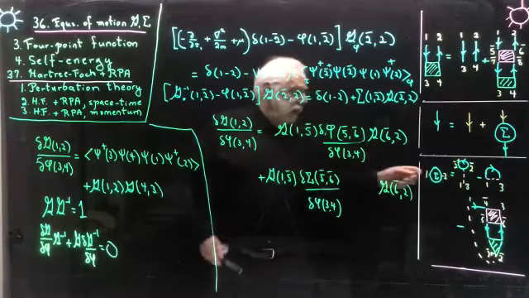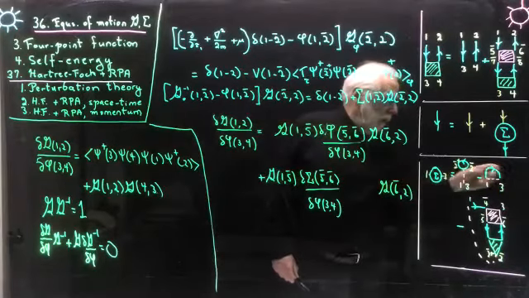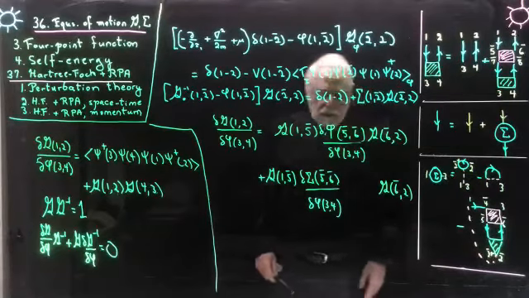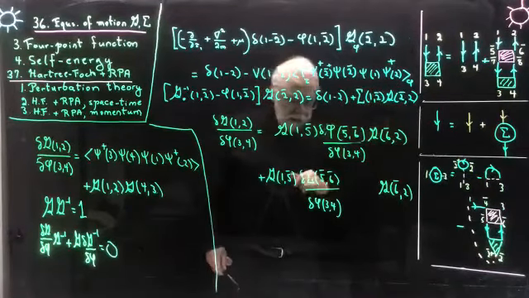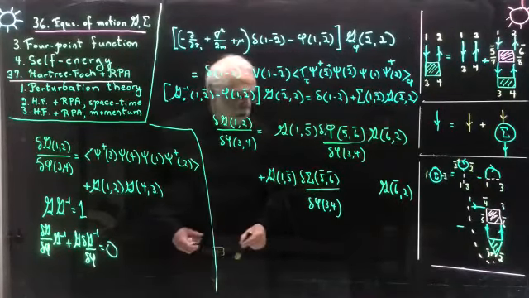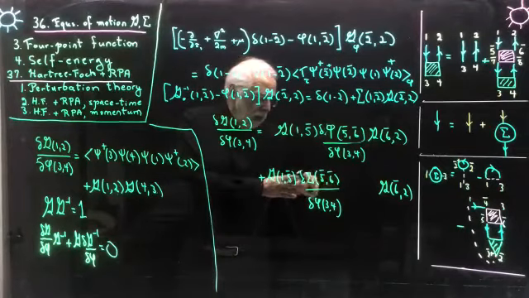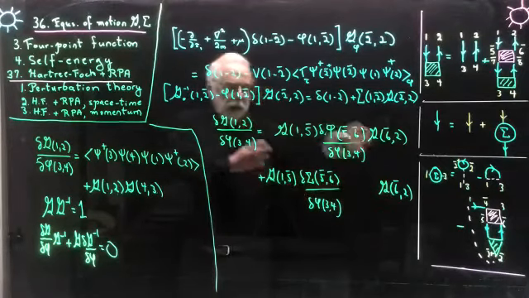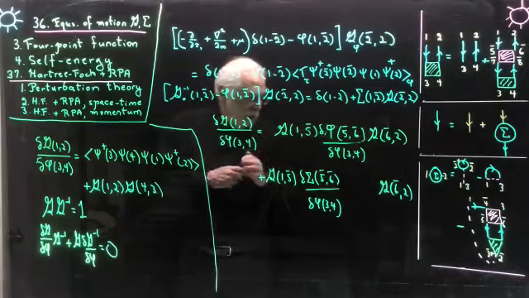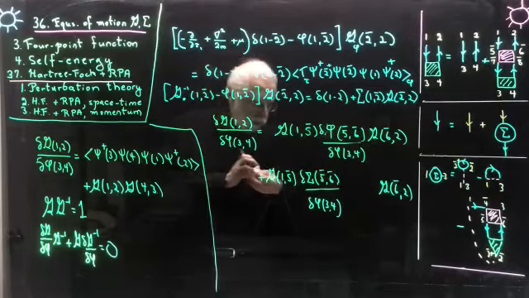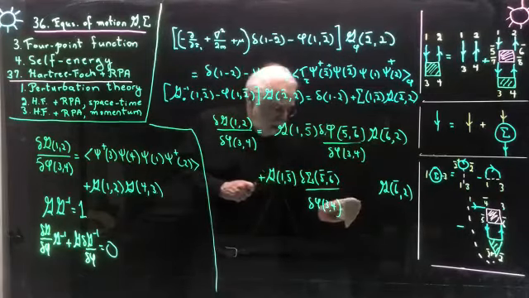Now you see that the sigma is a functional of G again. There's no explicit phi dependence in sigma. One way to see it is that delta sigma, delta phi is related to all these things that involve only Green's function. So what we do is we use the chain rule here.